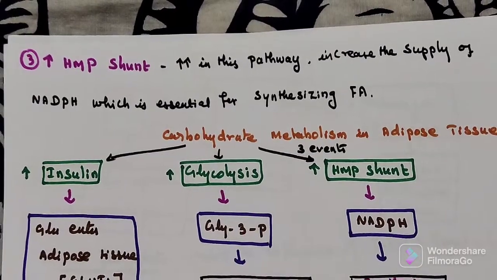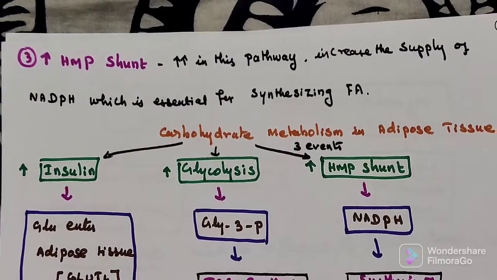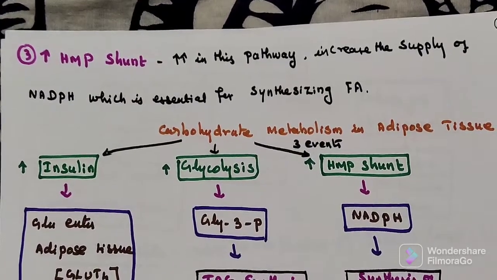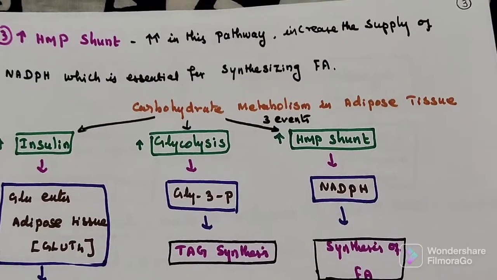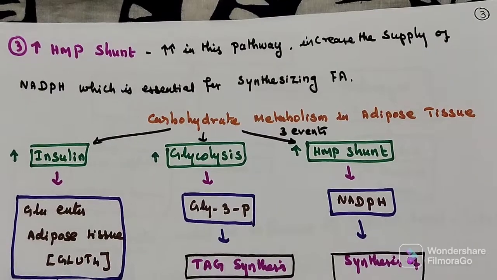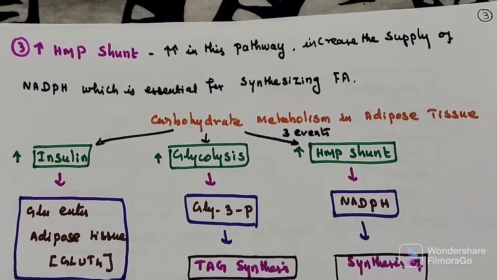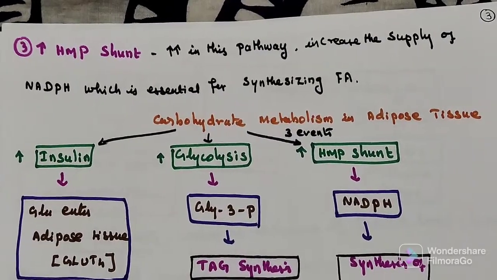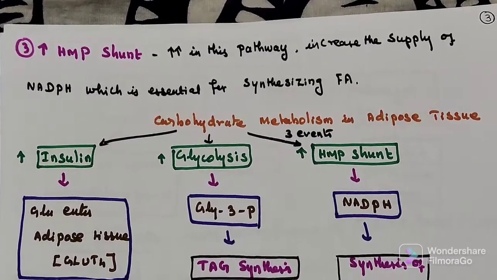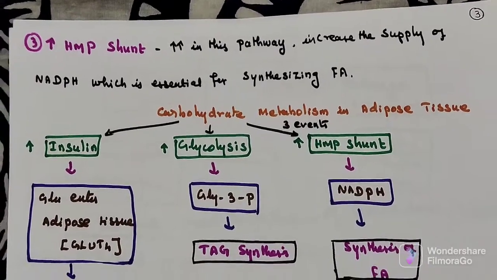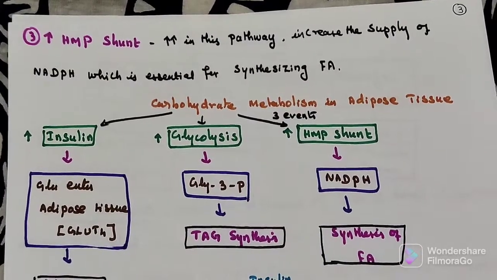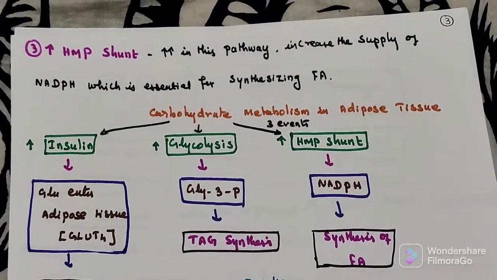The third event, because of the increased supply of glucose, is an upregulation of the hexose monophosphate shunt, also known as the pentose phosphate pathway. An increase in this pathway increases the supply of reducing equivalents in the form of NADPH, which is essential for synthesizing fatty acid by the process of de novo synthesis of fatty acid.